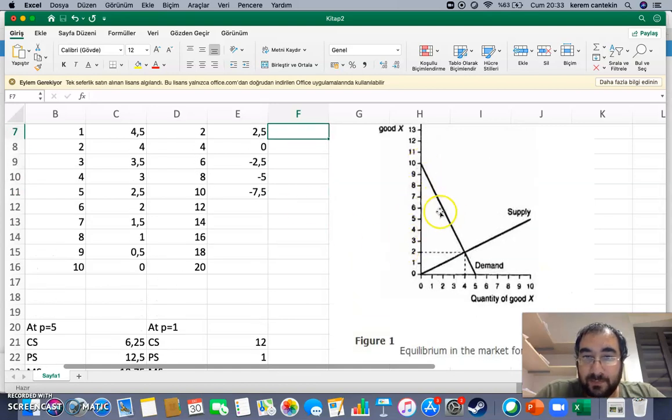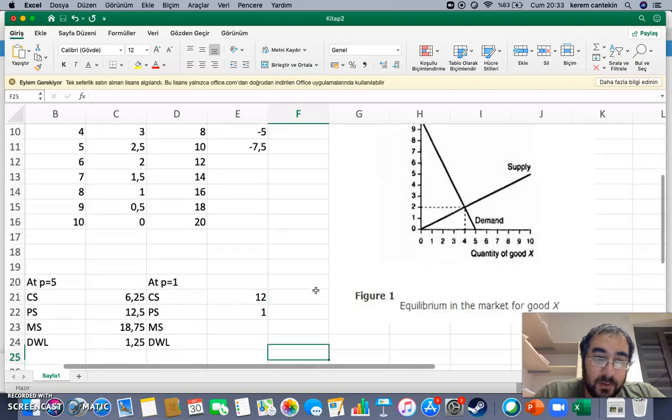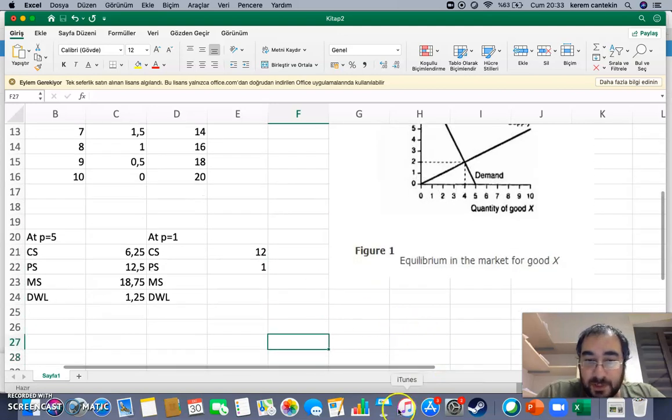This triangle and this rectangle. Okay? So our consumer surplus is 12.